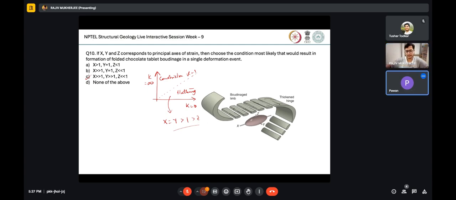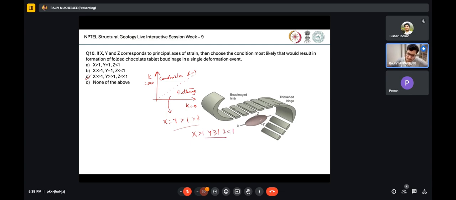And generally, we represent boudinage in the case where x is greater than 1, y is equal to 1, or greater or equal to 1, and z is less than 1.